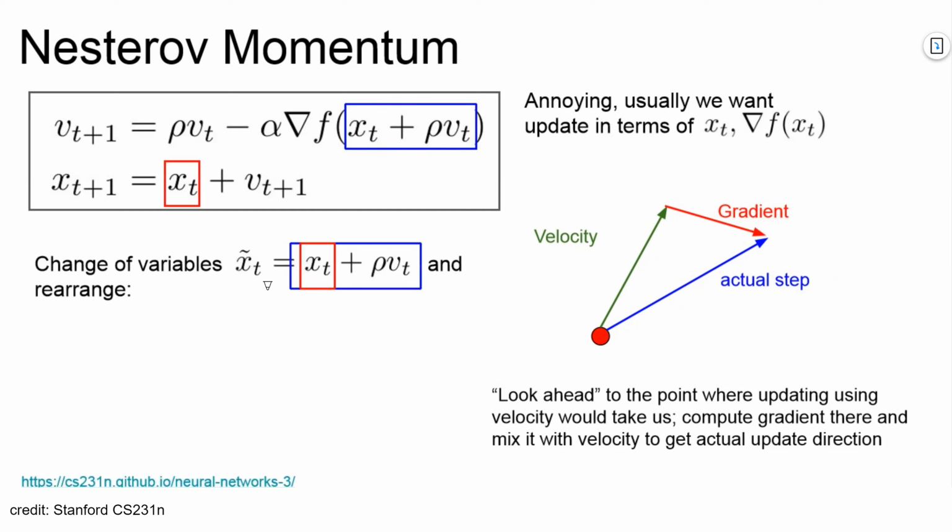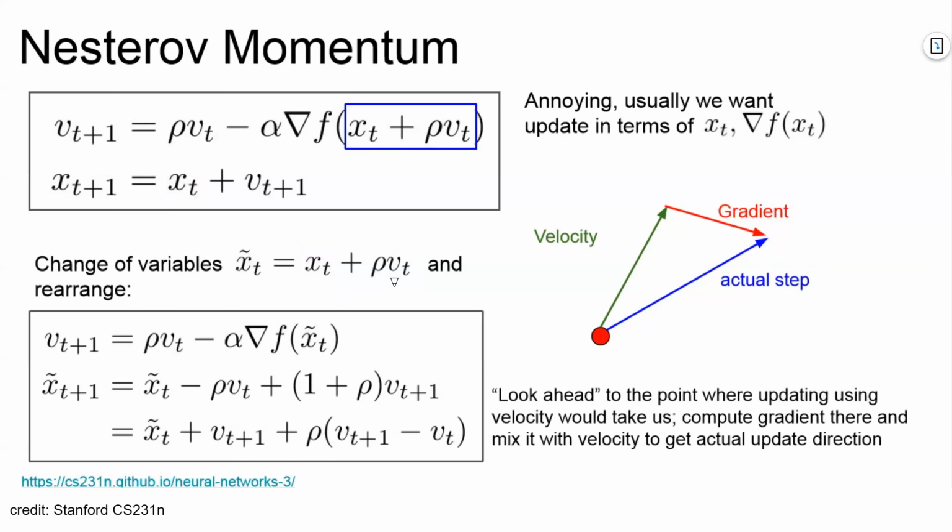Therefore, what we are going to do is apply a change of variables. We set x tilde as xt plus rho vt. By rearranging some values, we can reformulate the Nesterov momentum as follows.